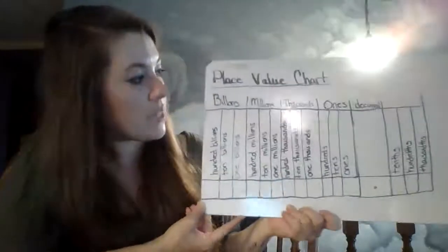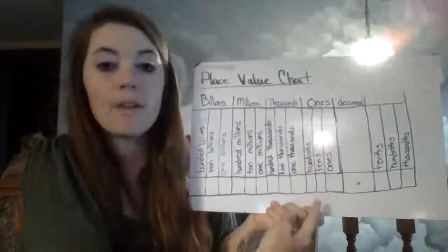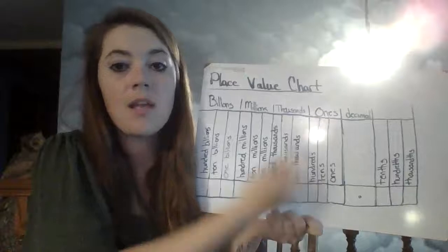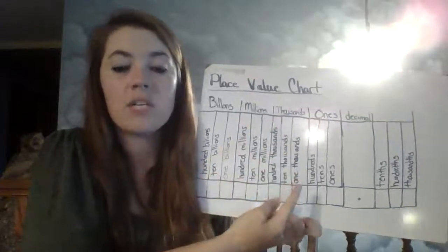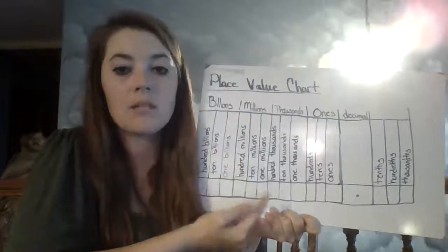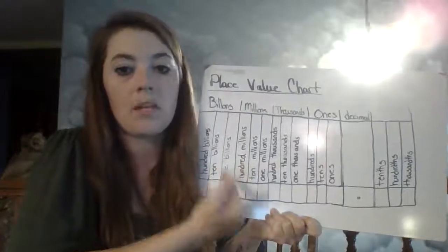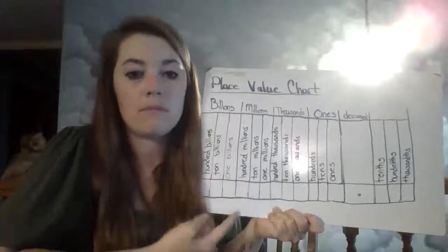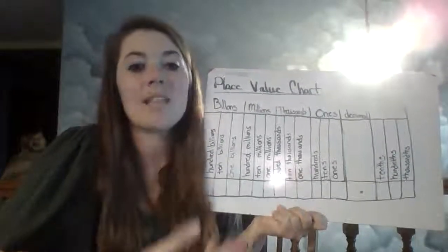So looking at this place value chart, we've got our decimal, and then in front of that we've got the ones, which include ones, tens, and hundreds. Then we've got the thousands, which is 1,000s, 10,000s, and 100,000s. Then we have the millions, which includes 1 millions, 10 millions, 100 millions. Then we have the billions, which includes 1 billions, 10 billions, and 100 billions.